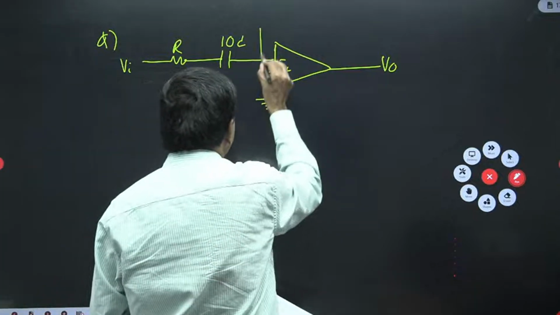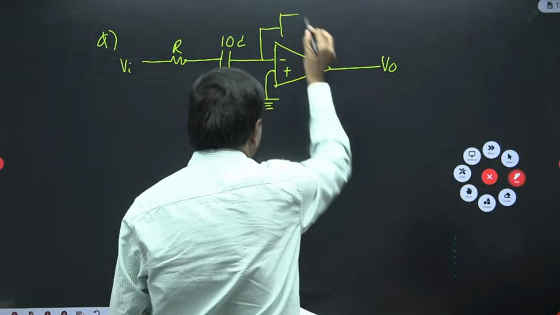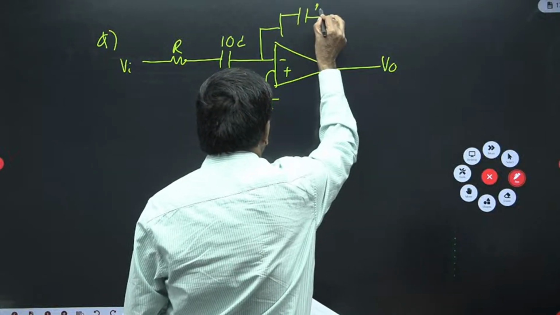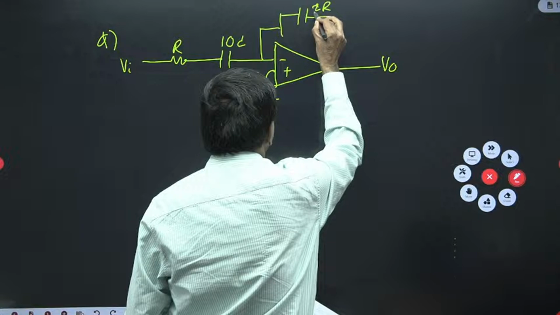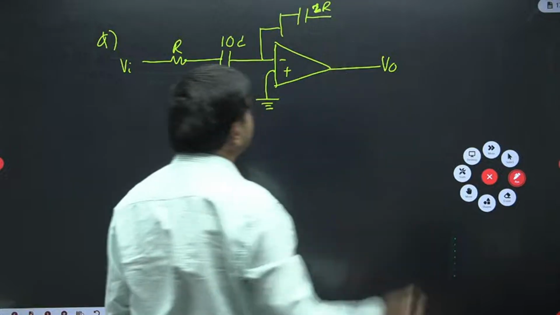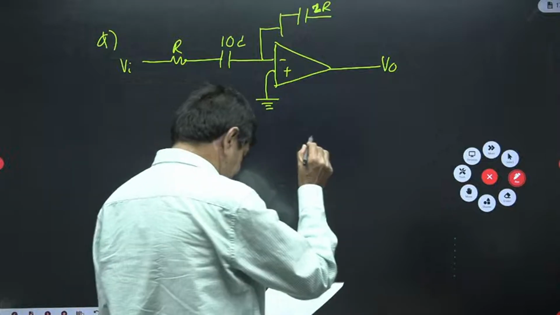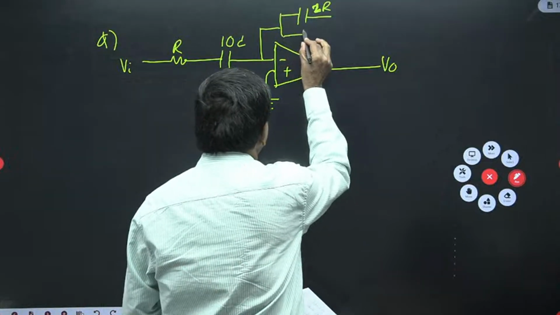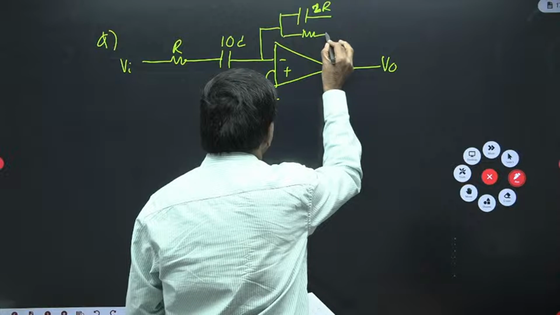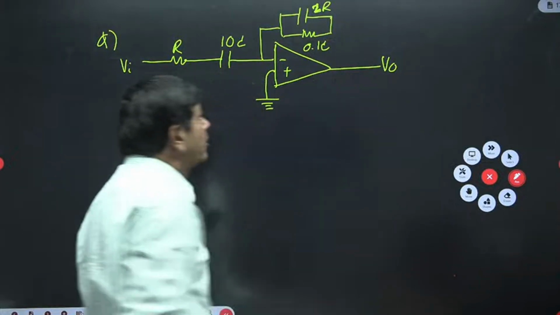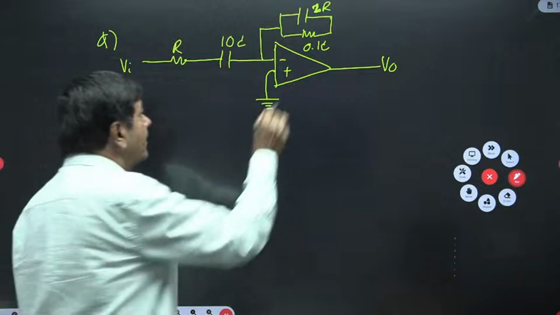Here the capacitance of the capacitor is given as 2R, try to understand. And the resistance is given as 0.1C.